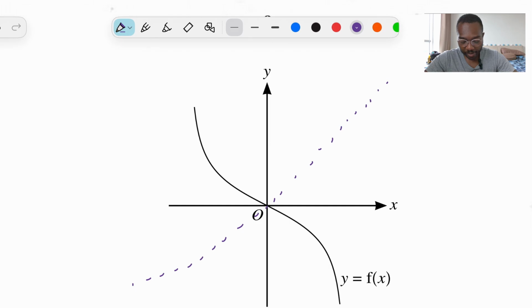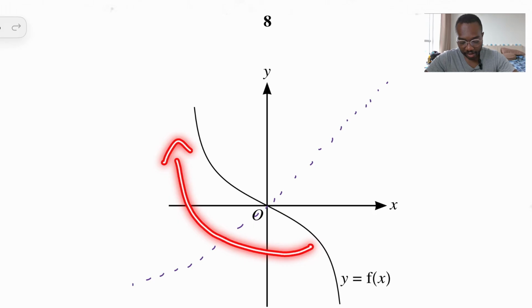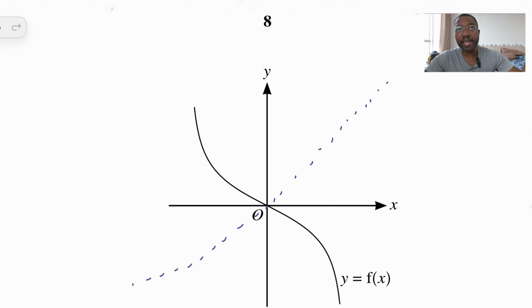Thinking about that, in my head, I just think about what it will look like if I flip everything in that y equals x line. Well then this would be over here now, and this would be over here now in that reflected line. So if you reflect it, it's kind of an R shape, but the other way.